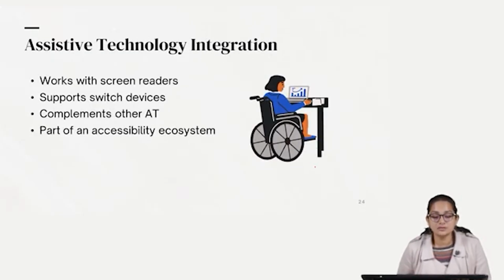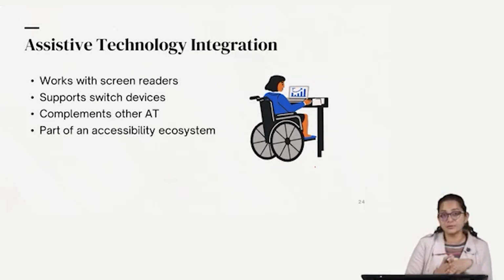Assistive technology integration, so works with screen readers. Make sure that your voice interaction systems work well with screen readers. In the previous week, we have spoken at length about visual navigation and screen reader, and how well they should be connected to each other, and how we can do the evaluations, etc. Make sure that your voice systems work well with the screen readers as well, because a screen reader is also a voice interface by its very nature.